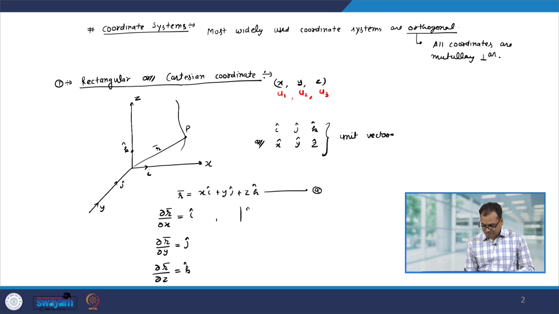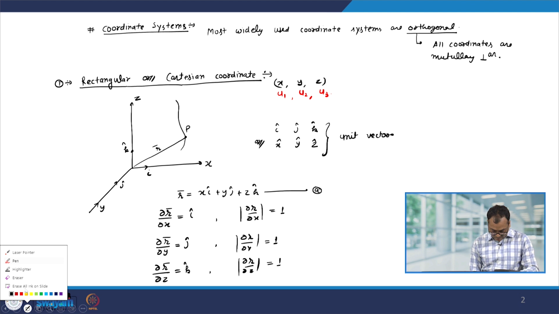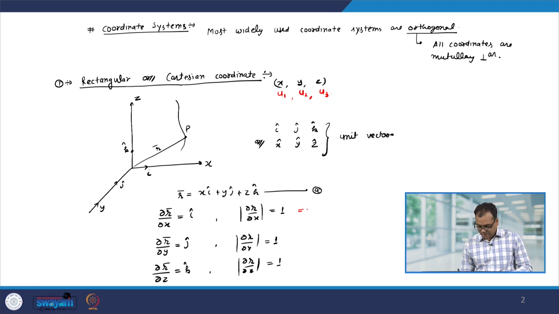Also note that del r over del x, its modulus, that is the mod of i, is 1 because it is a unit vector. Similarly, del r over del y mod is also 1 and del r over del z mod is also 1. Okay. Let me call them the scale factors along x, y and z direction. So, let me call them h1, h2 and h3, and this h is just a scale factor.